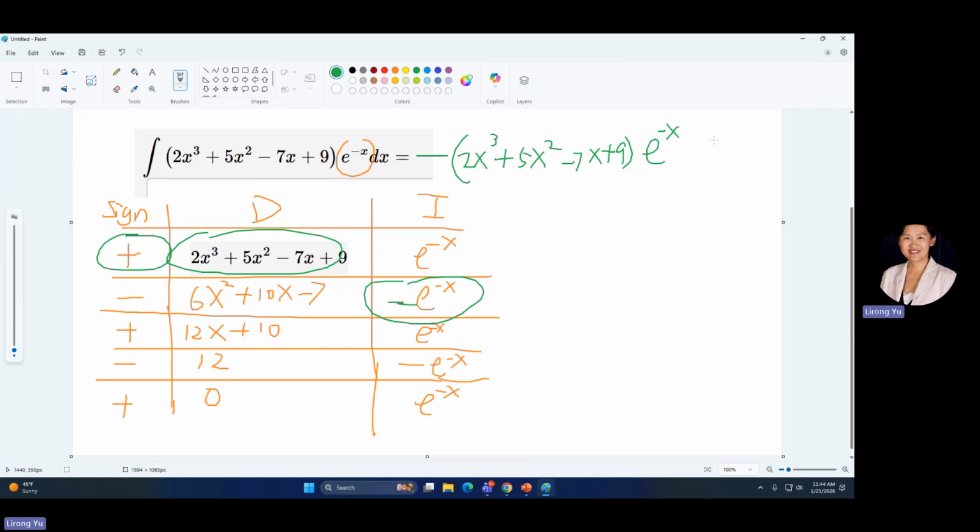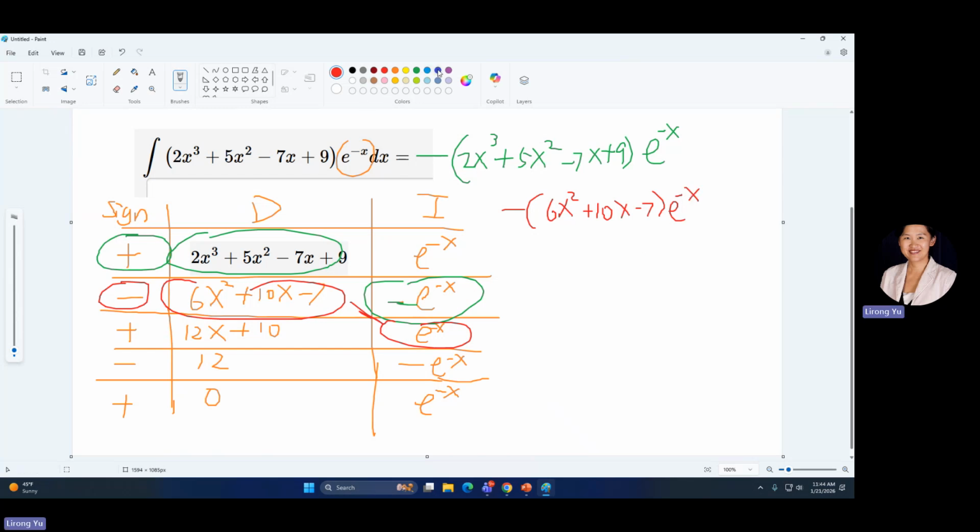The next one is this sign times this one, going diagonal. That gives negative, then 6x squared plus 10x minus 7, and e to the negative x.